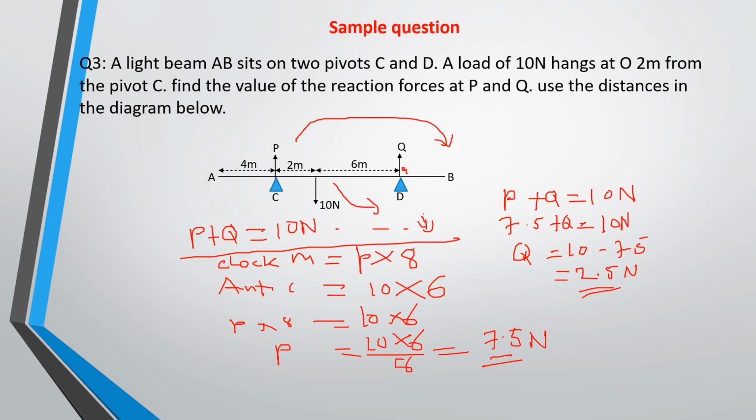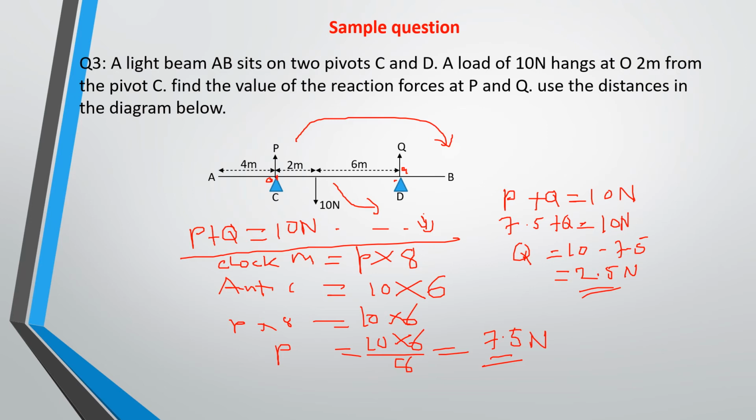Now, for this one, I took moment about Q. Assuming we do not take moment about P, how will it look? If we are taking moments about P, it means we are not going to consider this part again. Our focus now will be here. This P will now be our rotating point.